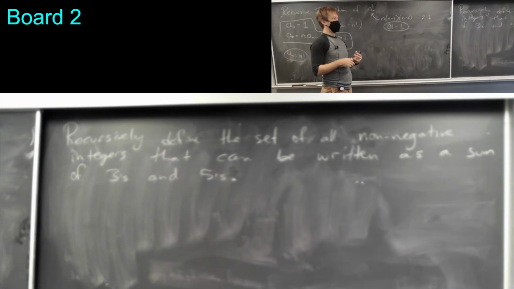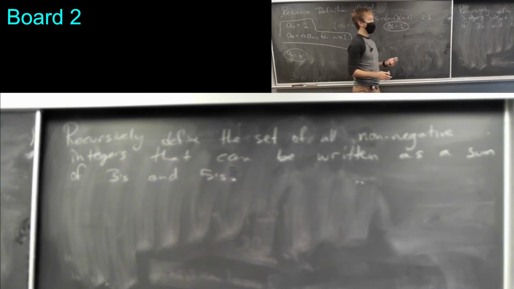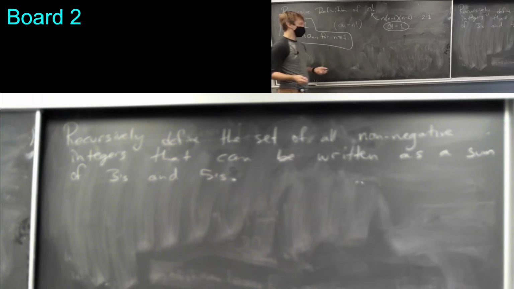Okay, so this is a little bit different than recursively defining a sequence, but it follows the same principle, right? In these recursive definitions, we had a first case that we had to write down, and then the general case.